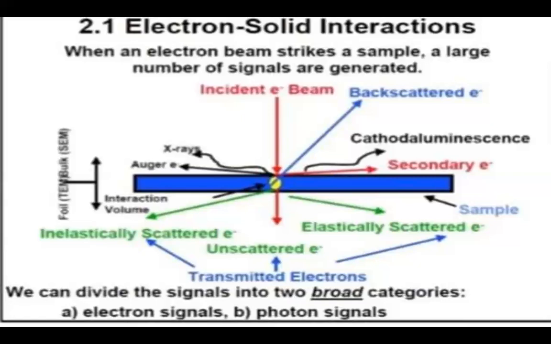They are the backscattered electrons, the elastically scattered electrons, the inelastically scattered electrons, and the unscattered electrons that are produced from the transmitted electrons. The types of signals can be categorized into two: one is an electron signal and the second one is a photon signal.